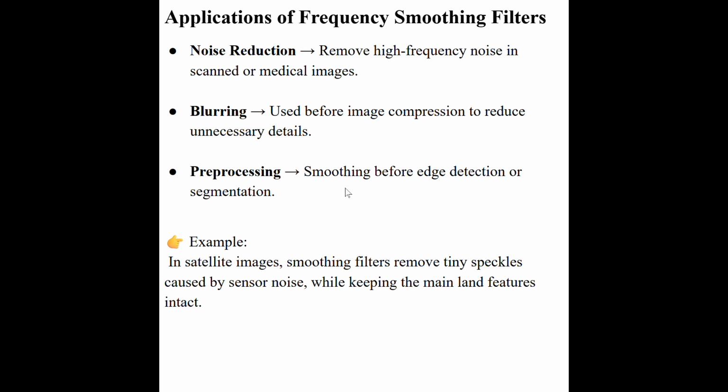Pre-processing is a kind of smoothing before the edge detection or image segmentation. Examples of where frequency smoothing filters are used: in satellite images, smoothing filters remove the tiny speckles caused by the sensor noise while keeping the main and important features.